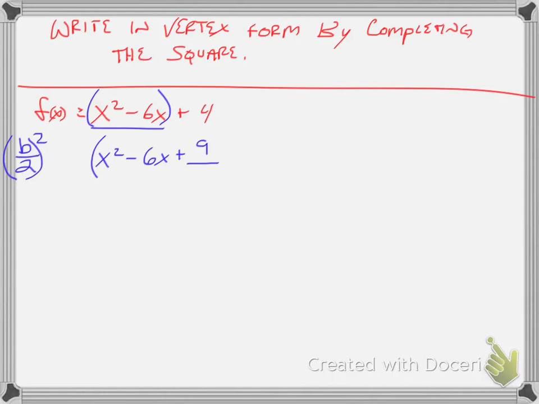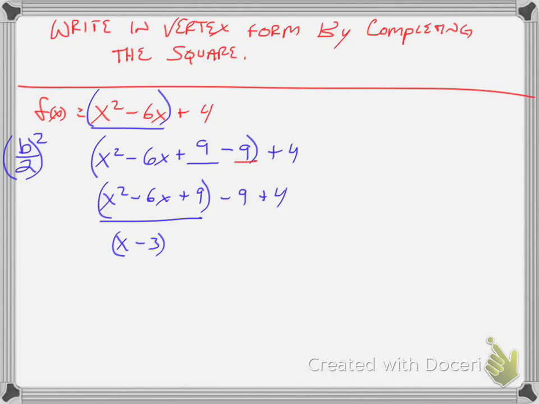I can't just add 9 to this quadratic though. If I add 9, I also need to add a negative 9, so really it's just like adding 0. But all I want in the parentheses is the positive 9, so I bring the negative 9 on the outside, and now I can simplify it. It's a perfect square trinomial now, so it's x minus 3 squared. Negative 9 plus 4 becomes negative 5.